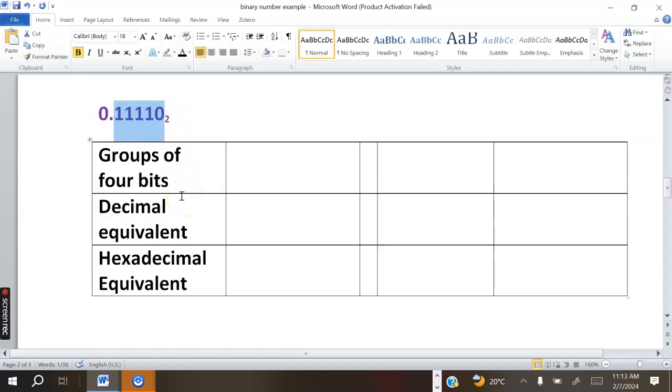So number one, you have to confirm whether you can get a group of 4. And as you can see, it is not totaling to a group of 4. So you need to note this one. If the bits are less than 4, then you are supposed to add 0 to the left of the bits of the integral part.